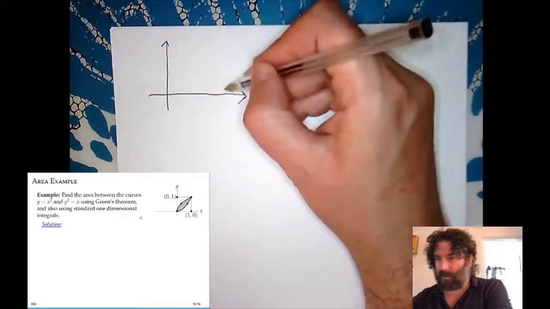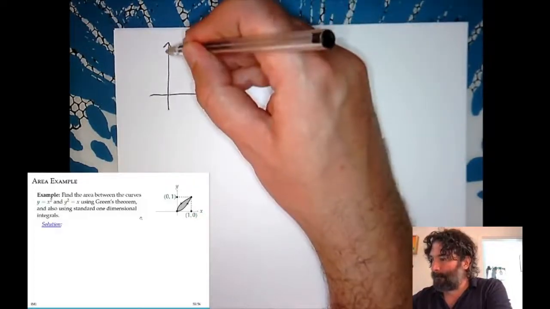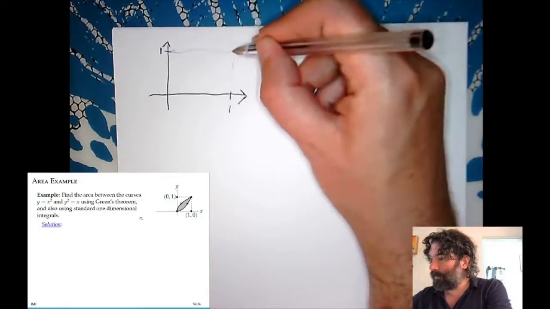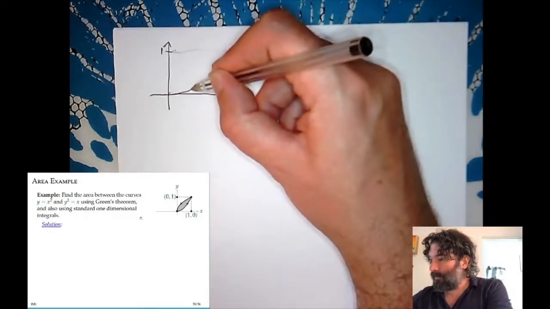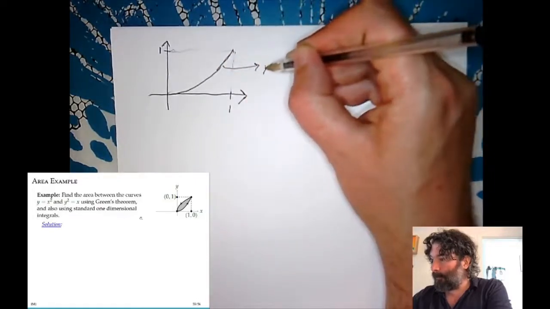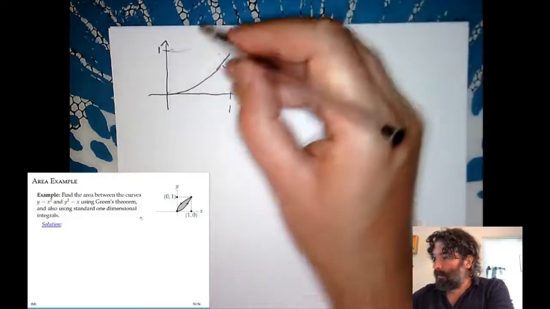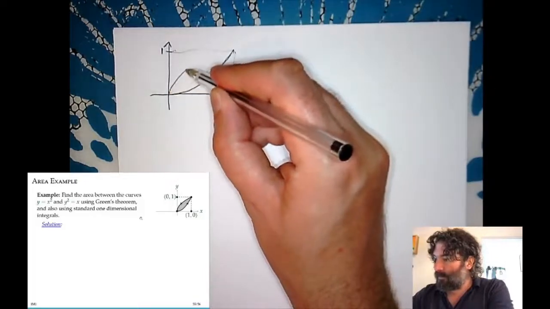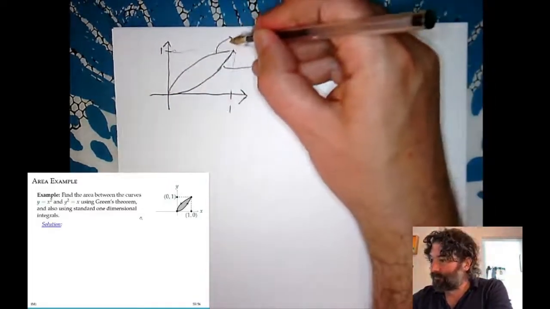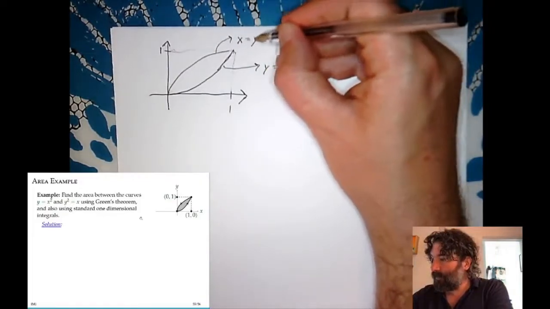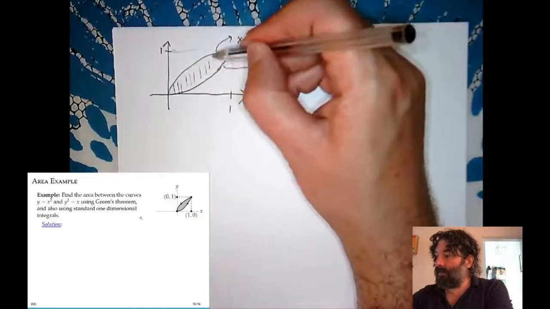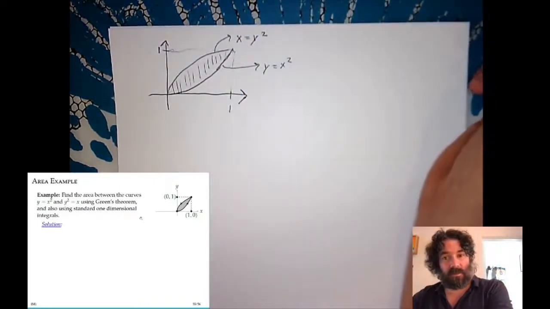So first let me draw the curves and the area we're trying to calculate. So the bottom curve here is y equals x squared, a parabola. And the top curve here is x equals y squared, which is a parabola opening up to the right. And the region that we want to calculate is the area in between these two curves.